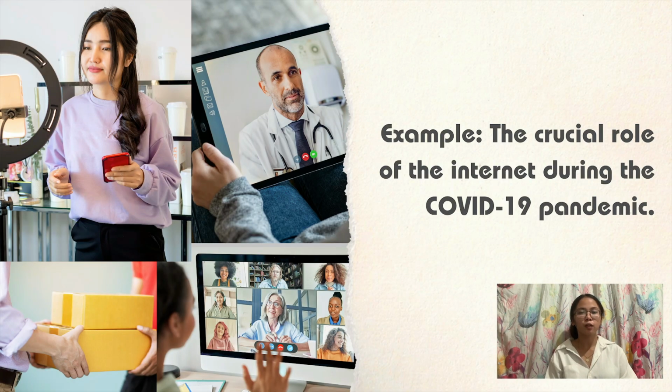For example, during the COVID-19 pandemic, the internet and connectivity were essential for remote medical consultations, virtual collaboration, online education, information dissemination, e-commerce, communication, and entertainment.